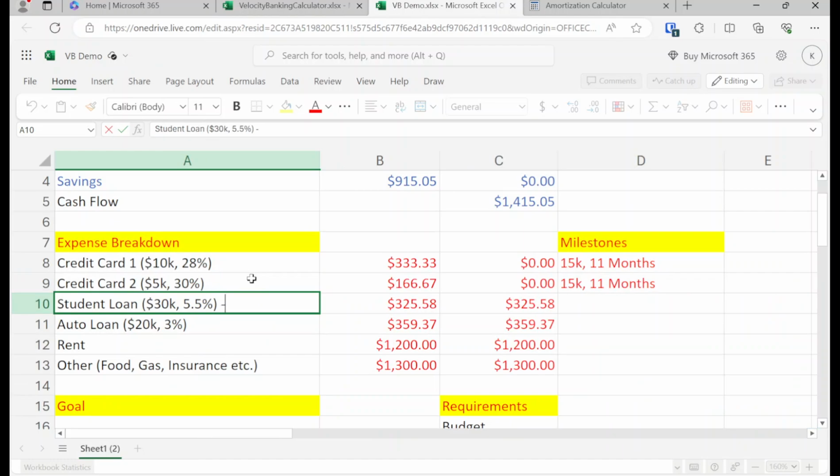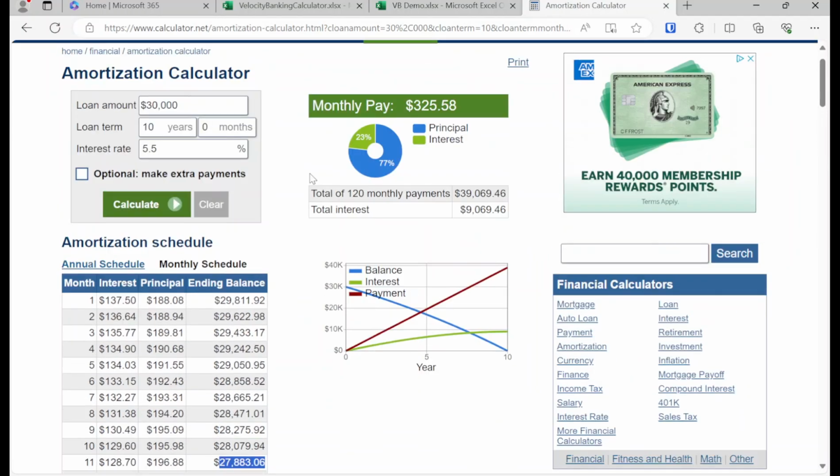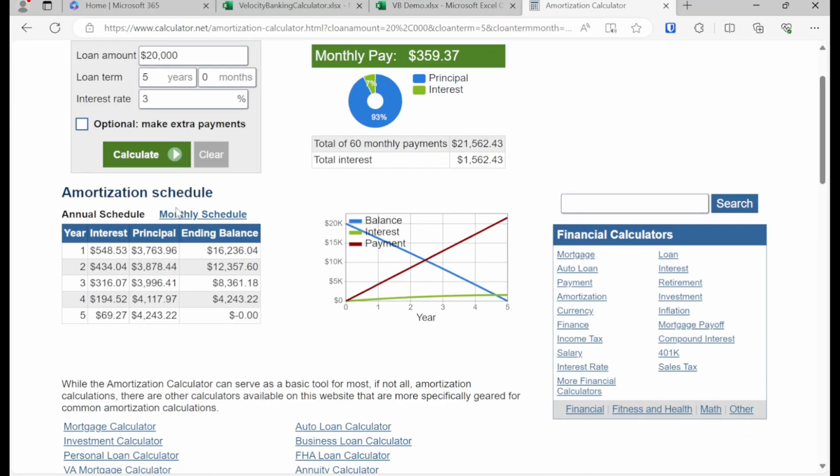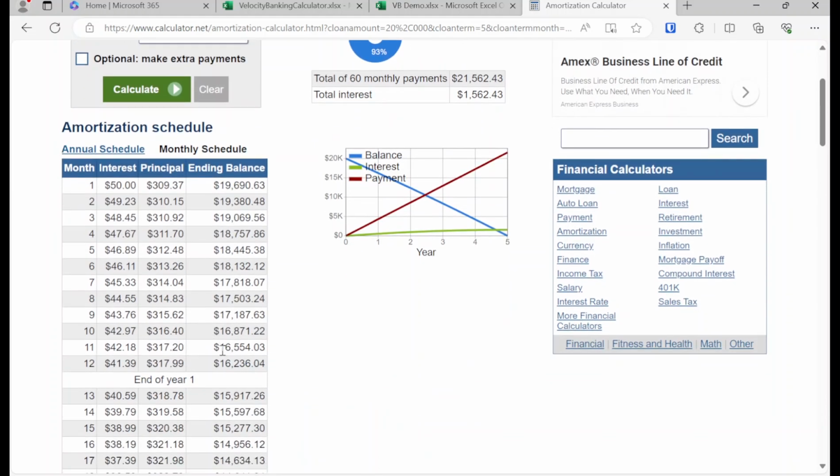So let's just write that here. 27 grand, and then the auto loan, 20,000 at 3% for 5 years, right? And then we're going to look at month 11, which is going to be 16 grand.